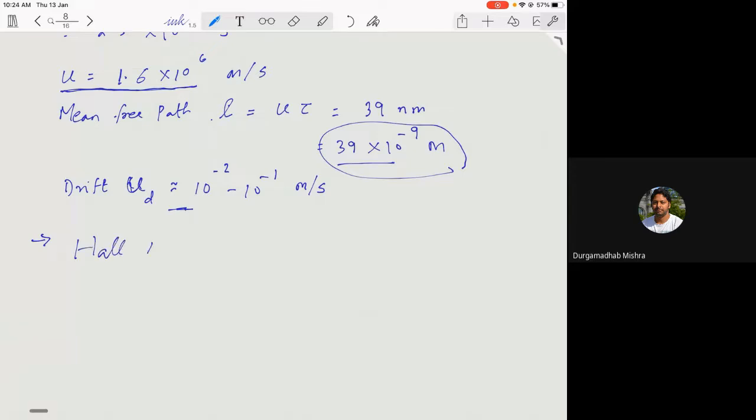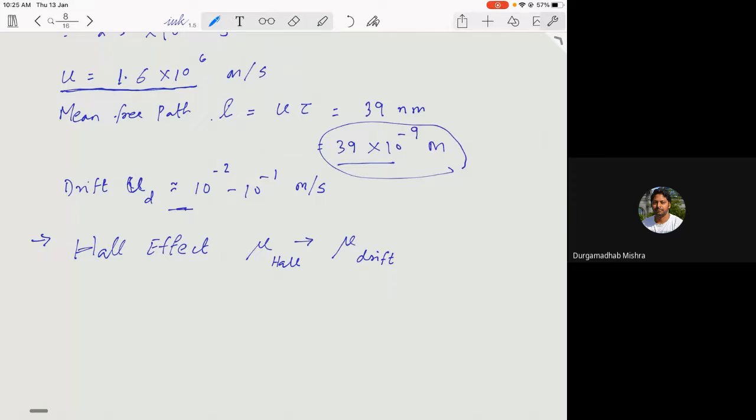So in the Hall effect, you can read about it and understand where you also use a term known as mobility, or a Hall mobility, and how it is different from this drift mobility. So you can read about that.